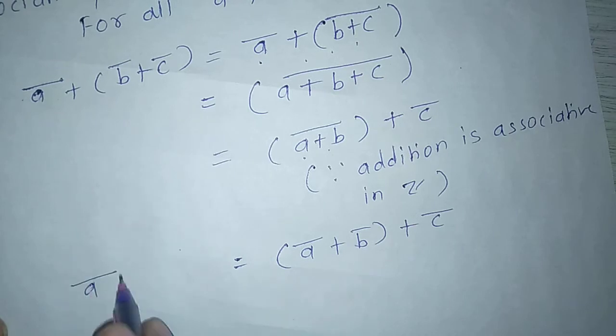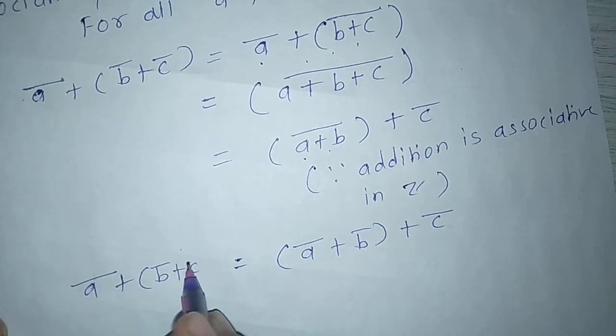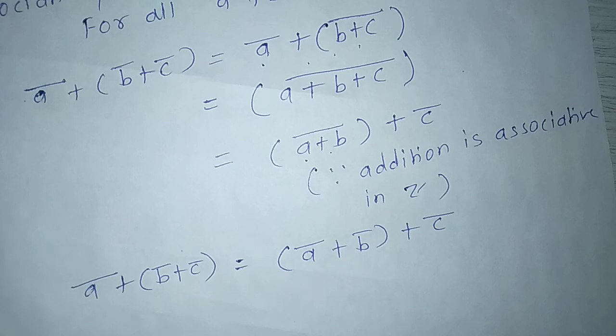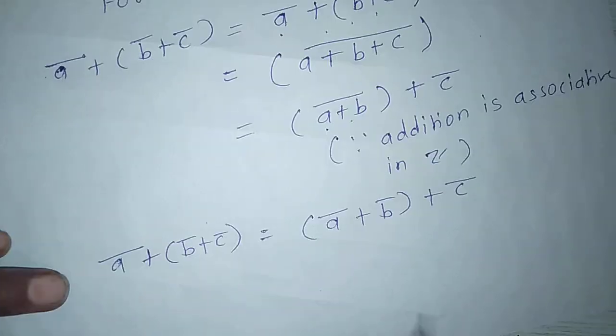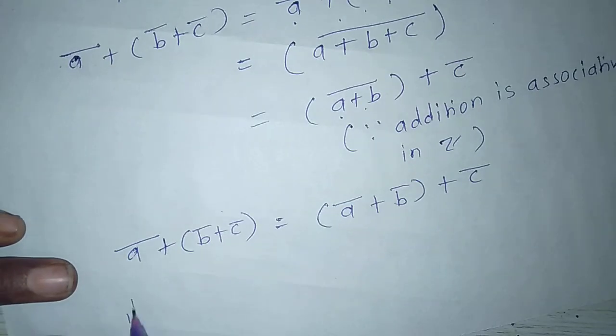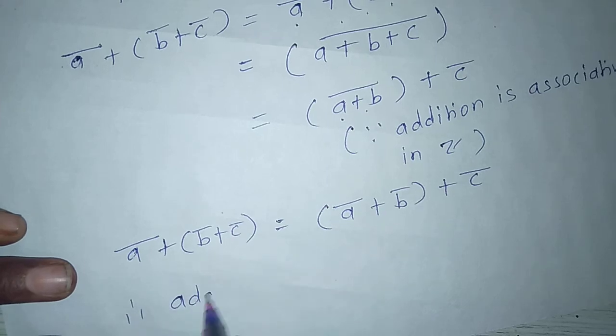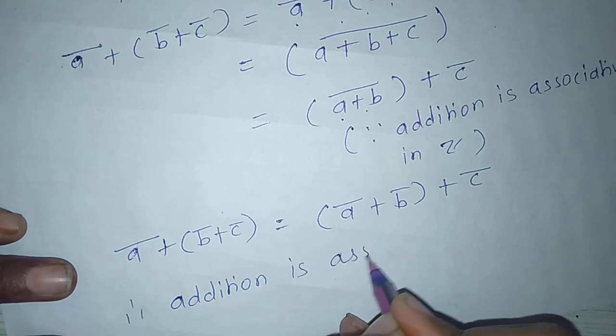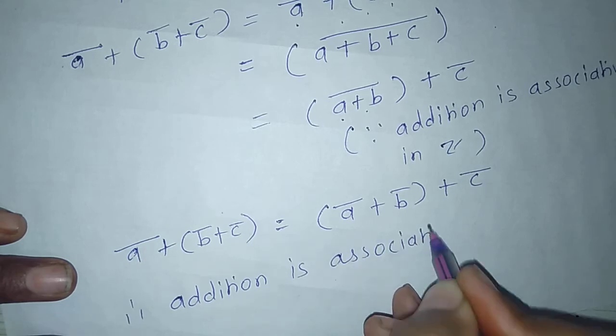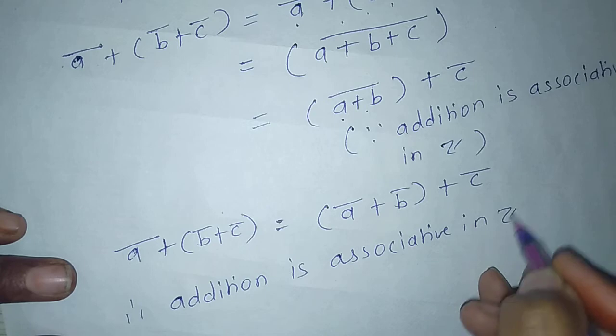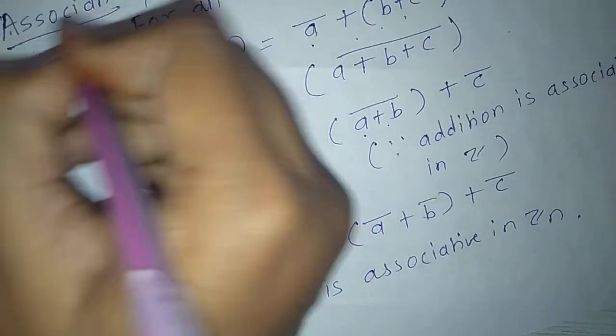Here we get A bar plus B bar plus C bar equals A bar plus B bar plus C bar. Therefore, addition is associative in Zn. Next, identity.